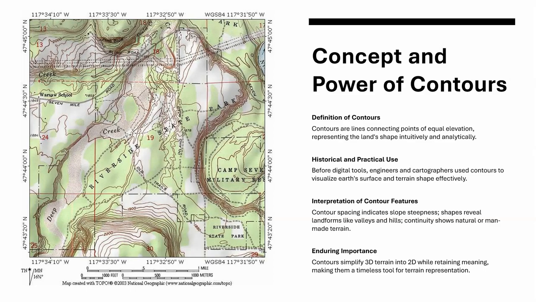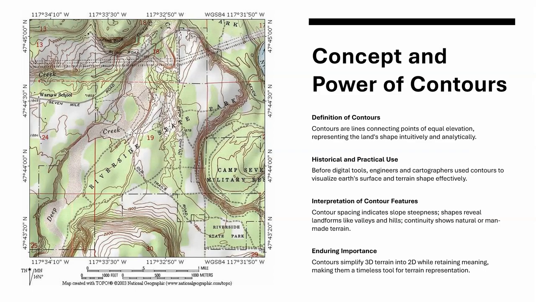Well, they're powerful because they compress three-dimensional terrain into two dimensions without losing meaning. Their spacing tells slope. Close contours mean steep slopes. Wide contours mean gentle slopes. Shapes tell form. V-shaped contours point upstream in valleys. Concentric circles indicate hills or depressions.